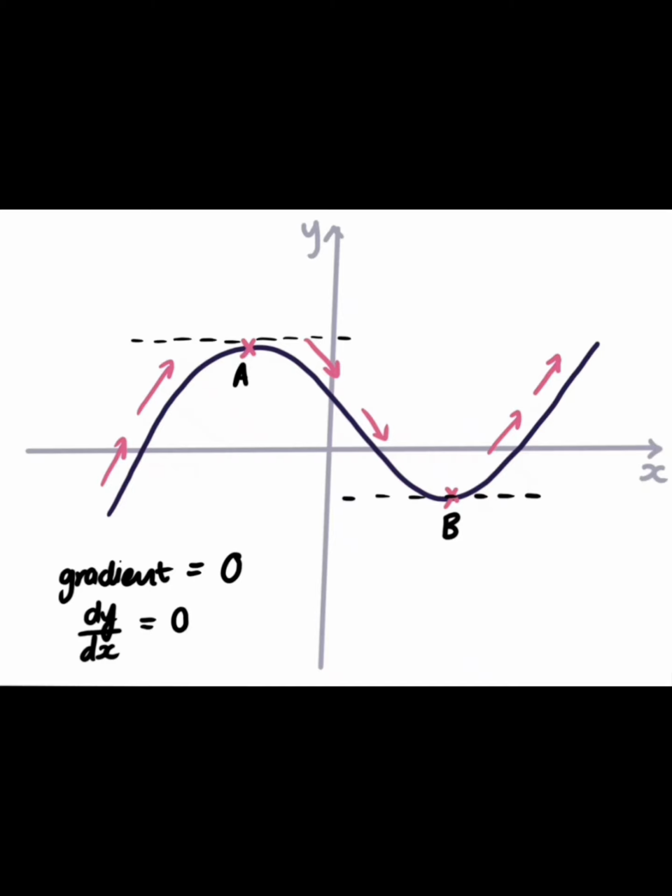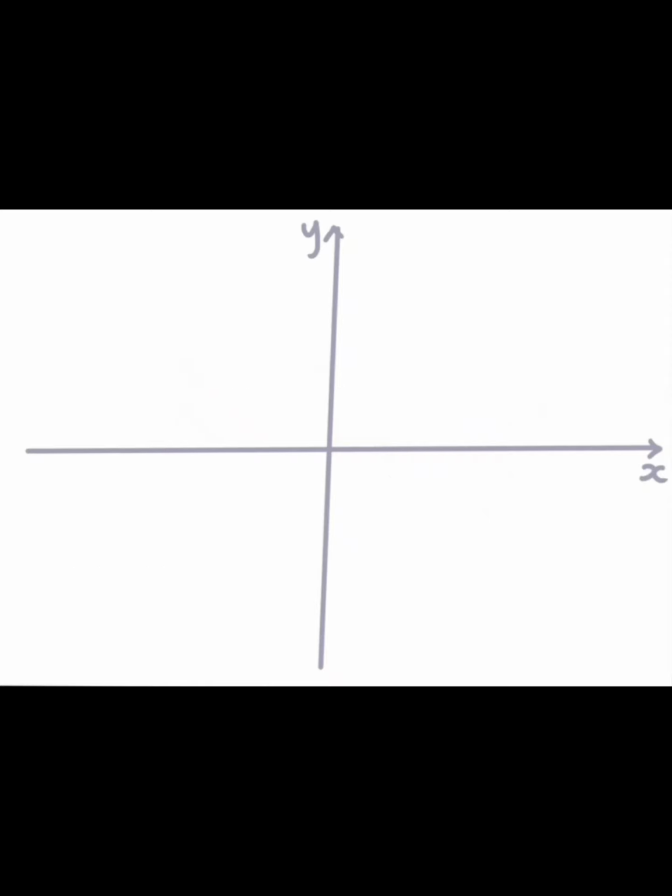So that's all well and good, but there's actually ways of classifying turning points as well that we need to be aware of. So the two main ways of classifying turning points is a minimum and also a maximum. It's pretty self-explanatory. You can probably guess what a minimum and what a maximum point is, but I will show you so that you know.